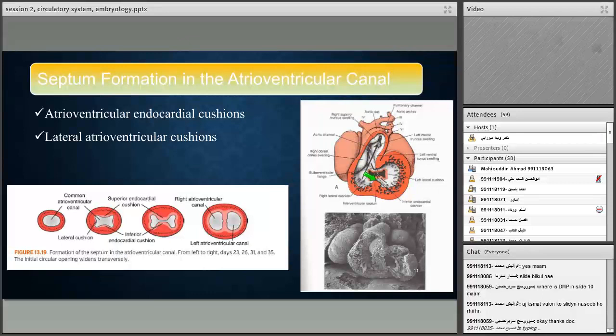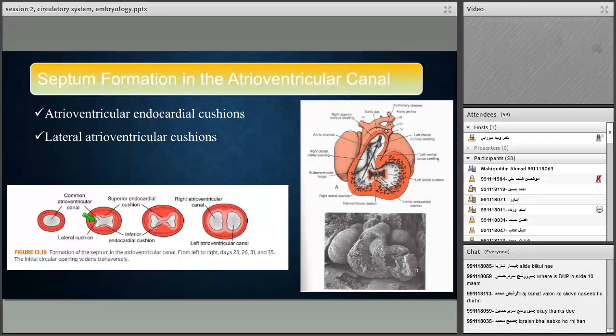The growing in the superior and inferior endocardial cushions is more than the other cushions, so they are growing toward each other and dividing the lumen into 2 parts. Look at here. This is this foramen in this part, in this picture.